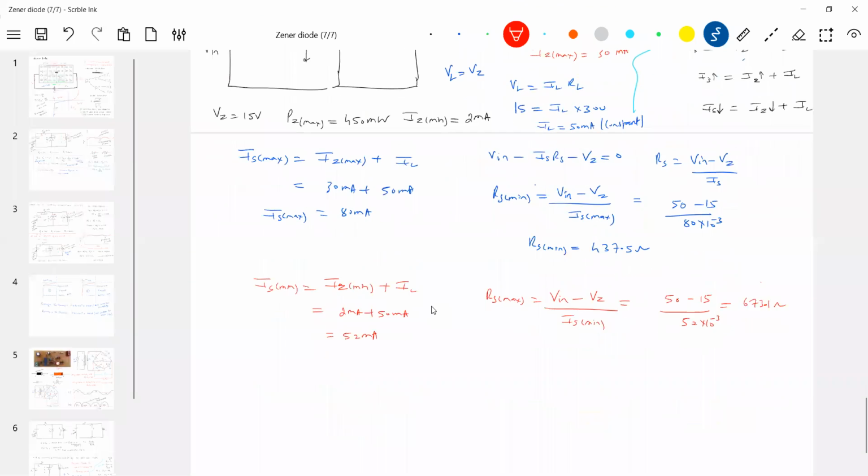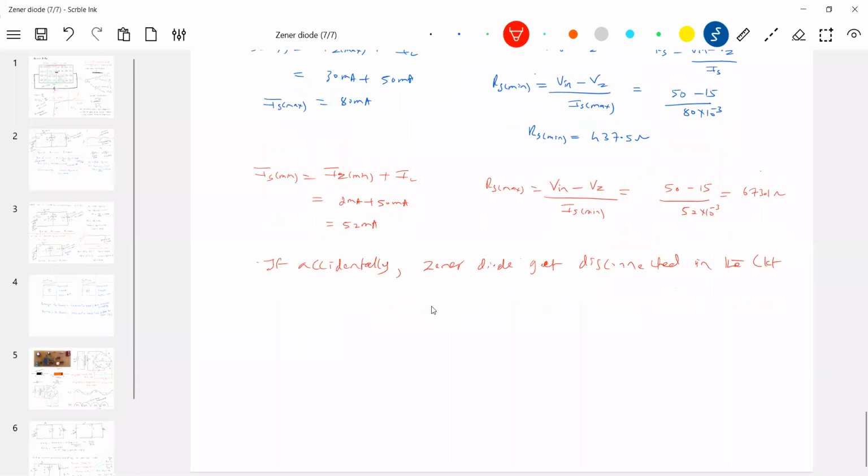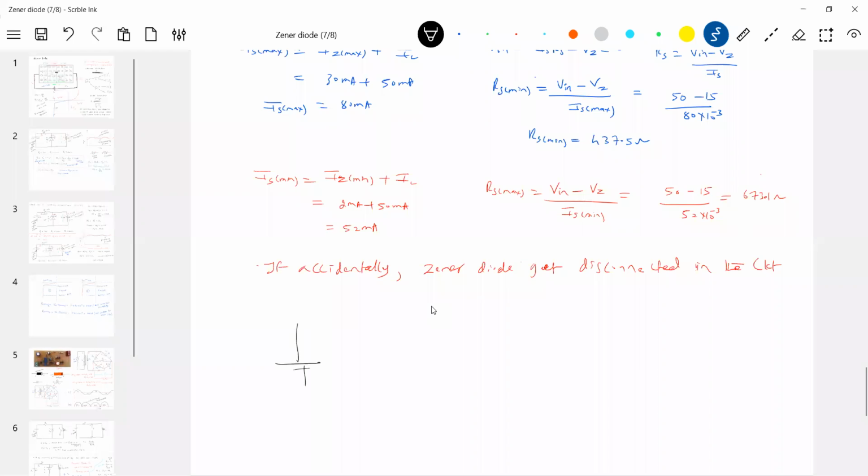One more last condition I'll put: if accidentally the Zener diode gets disconnected in the circuit, the circuit will become like this, where I remove the Zener diode. It can happen due to some accident. Suppose it falls, anything can happen, no? It can happen.